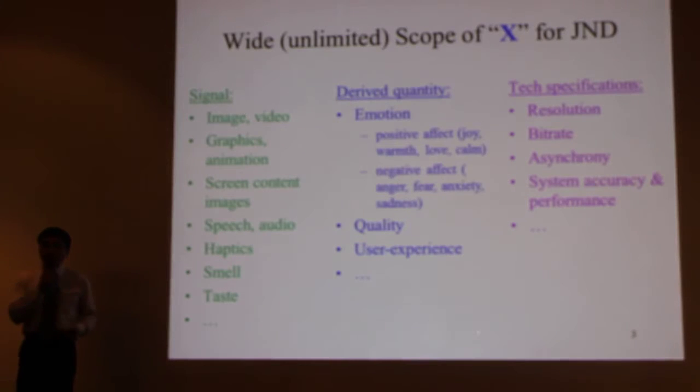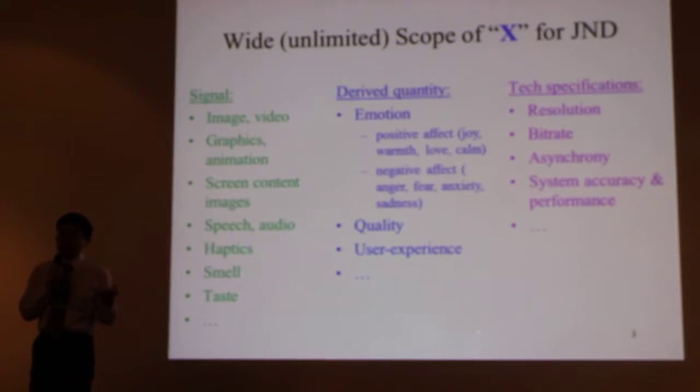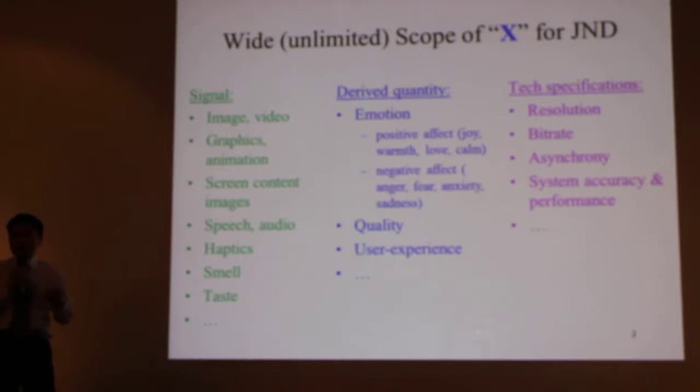Then what can be the x in this? We talk about JND for x. X traditionally is one signal. For naturally captured signals like video and images, we can have JND. For computer generated signals like graphics and animation, we also can calculate JND.